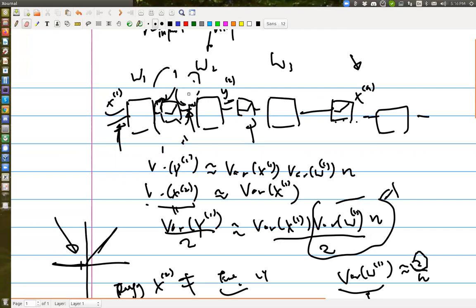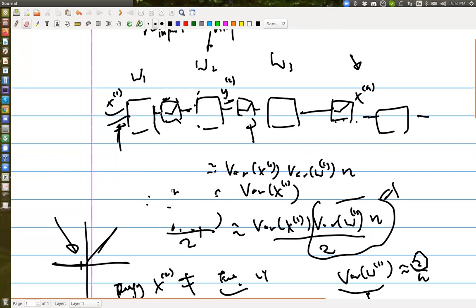I may want to control, let's say in particular, if I'm not using ReLU here, maybe I'm using sigmoid or tanh here.